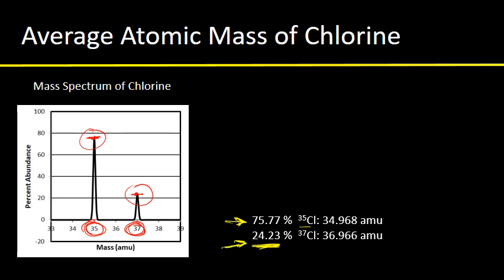And the masses of the two isotopes are 34.968 AMU and 36.966 AMU respectively. Now, like I said, if you don't have this data here, you can just use 35 and 37. You'll still get essentially the same results. But since we've got better data, let's go ahead and use the better data.